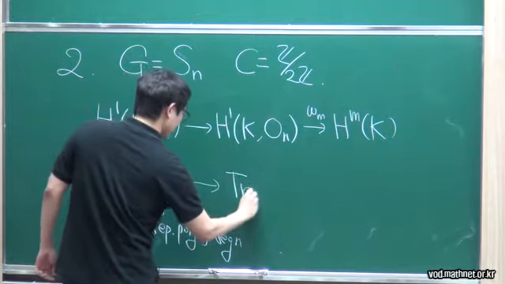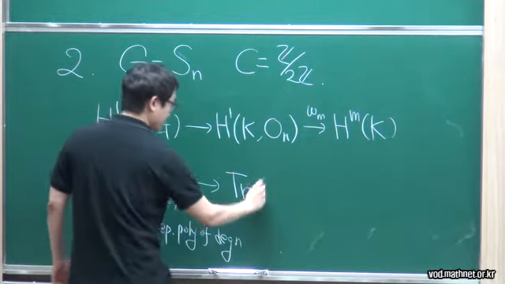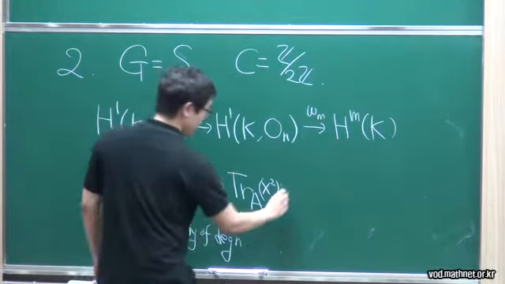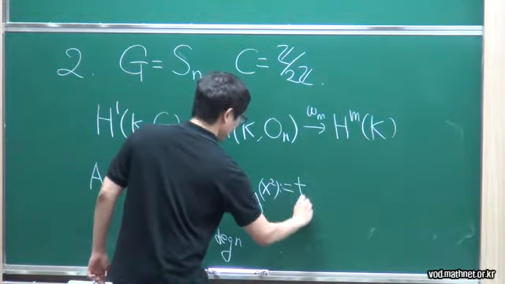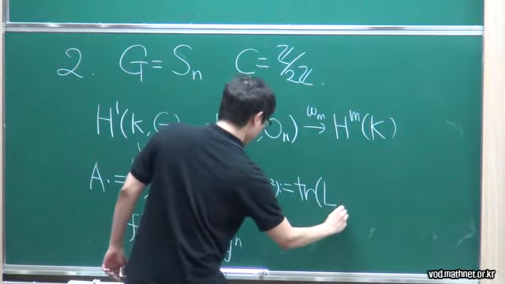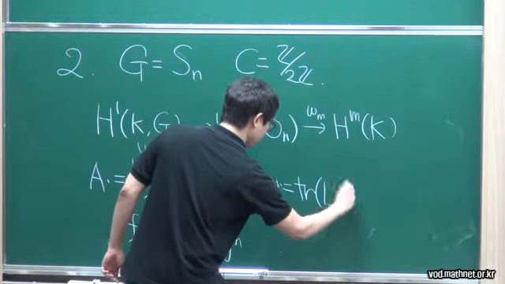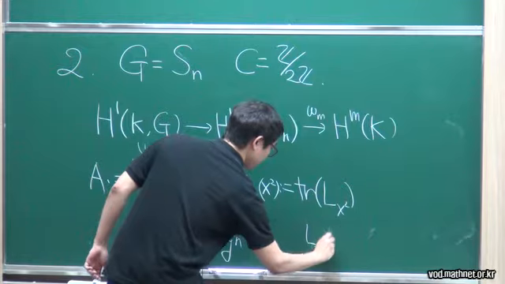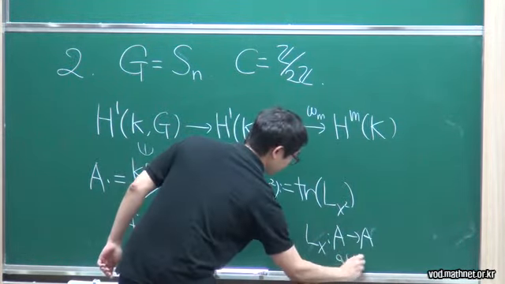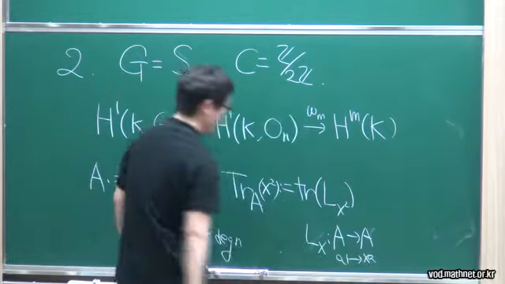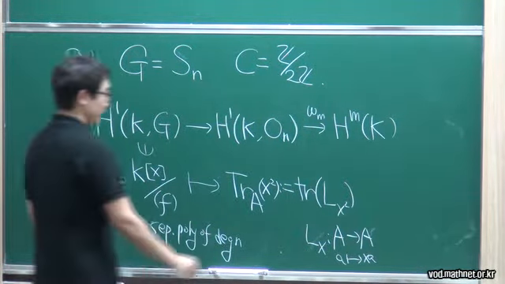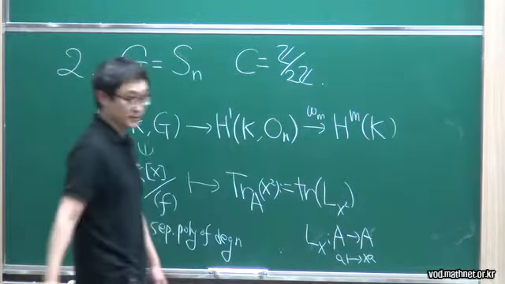Then the trace form of this étale algebra is a quadratic form, and this is defined to be the usual trace of left multiplication. And then you compose this with the Stiefel-Whitney class.